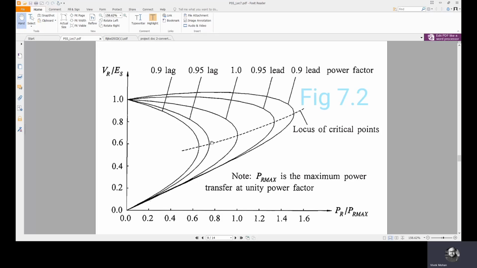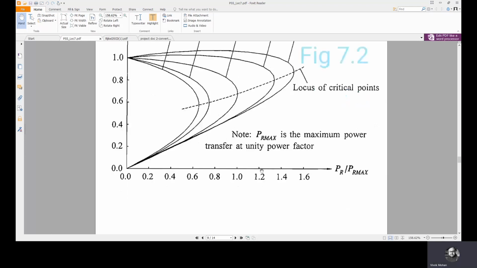So this is what happens when the power factor is increased, or rather bettered, to the loadability and receiving end voltage.